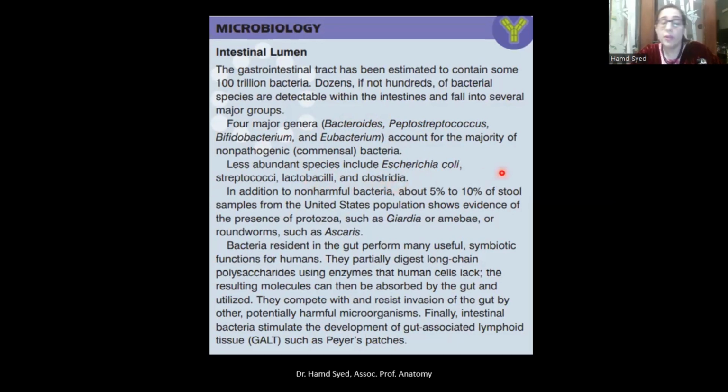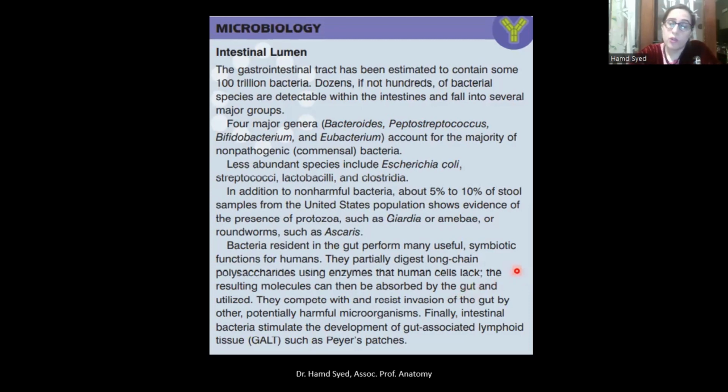So remember that our GIT has all of these friendly bacteria, and this flora performs many useful functions in the act of symbiosis for humans. They help in the digestion of the long-chain polysaccharides by using those enzymes which the human body lacks, and therefore those molecules which are now produced as a result of the enzymes of the friendly bacteria can then be absorbed by the gut and utilized.